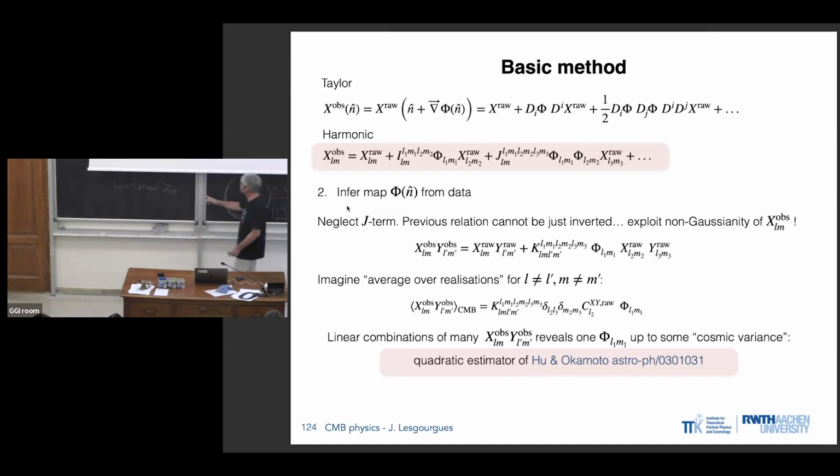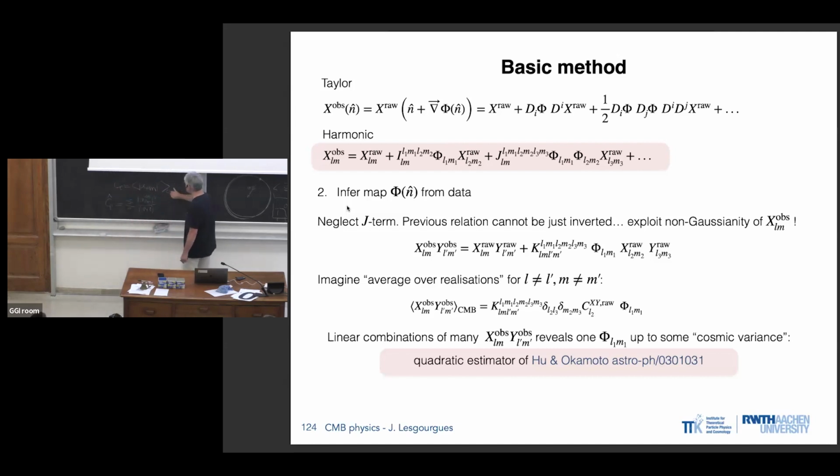And since we cannot do this average, we said that we are going to estimate the CLs by taking the average over many realizations of the observed ALM. Because we have averaged over 2L plus 1 values of M, we have a 2L plus 1. By doing this, we built what we call an estimator of the CLs.